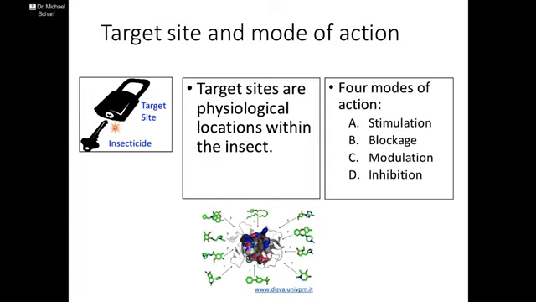Of course, we can think of it as a lock and a key, but down here at the bottom, I actually got this off the web. This is actually how our insecticides are designed today, for the most part, by people doing what's called computational biology and looking at chemical structures and figuring out how they fit into various proteins, which are the target sites.